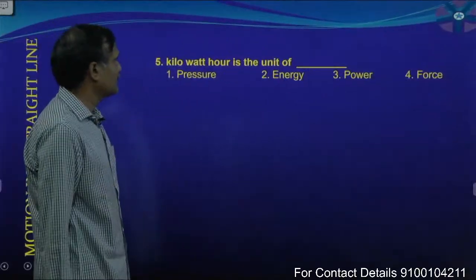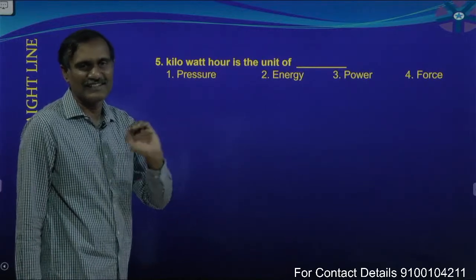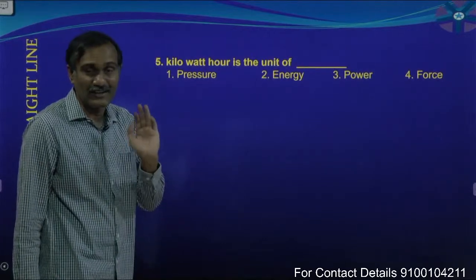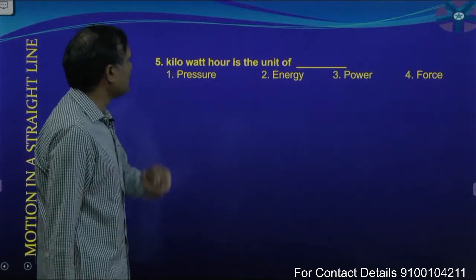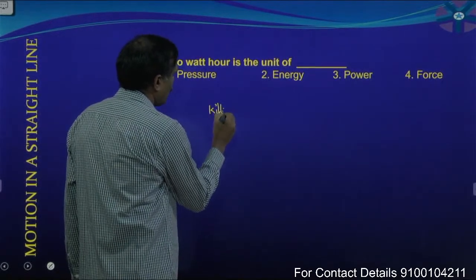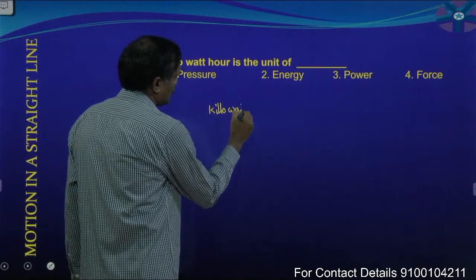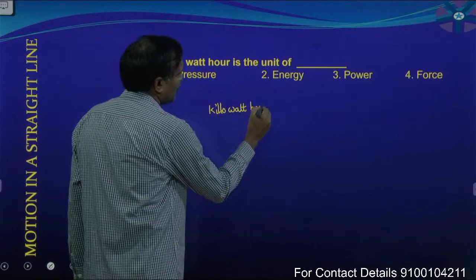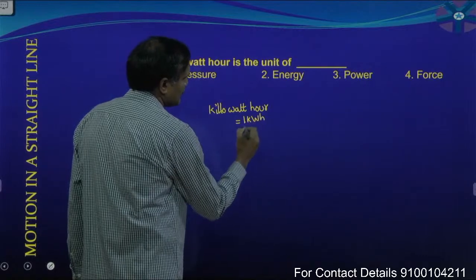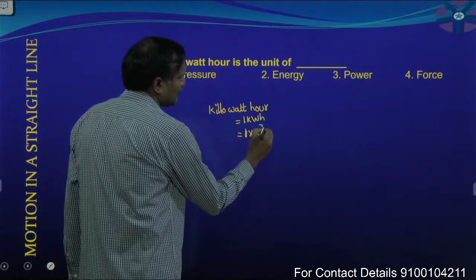Next one, kilowatt hour is the unit of, already in our 10th standard you studied that. Once again I want to recall it. Okay, what is meant by kilowatt hour? Kilowatt hour, or 1 kWh. 1 kilo means 10 to the power of 3.